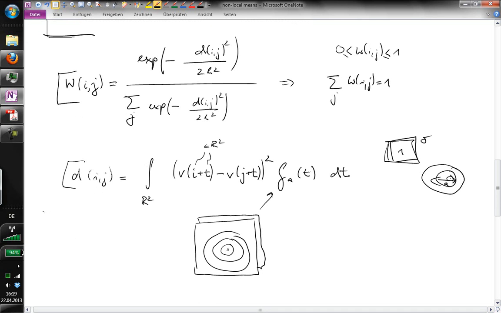Perhaps it's easier to here not use the Gaussian, but to use the box function. So the box function, that's the one here, it's 1 inside a rectangle and 0 outside. So the similarity between pixels I and j depends not only on pixels I and j, but also on their surroundings. This is what the integral here says. And the surrounding can either be a crisp one, 1, 0, a box function, or box kernel, or it can be something smoother.